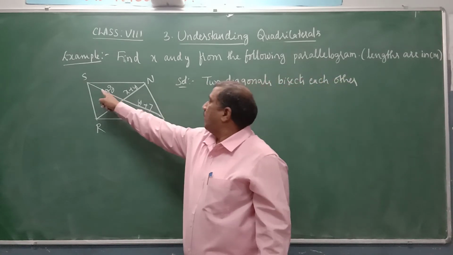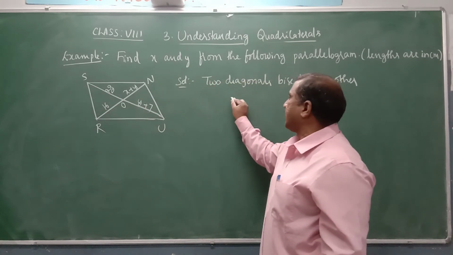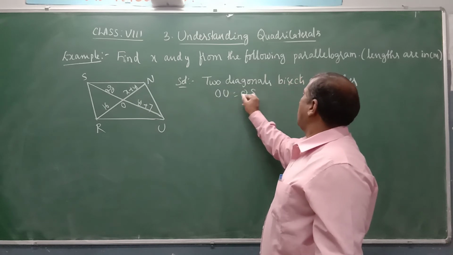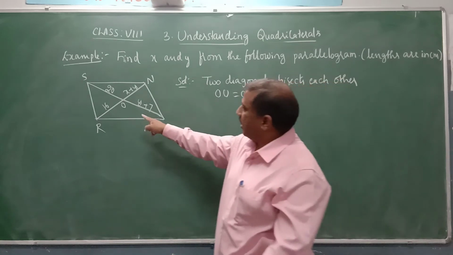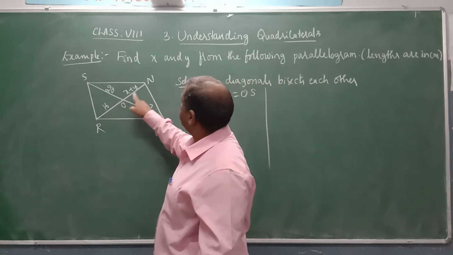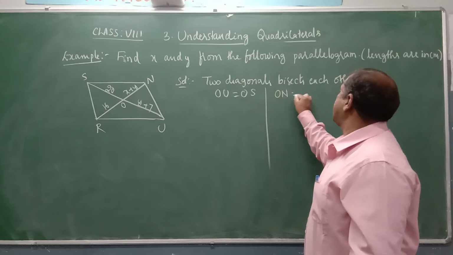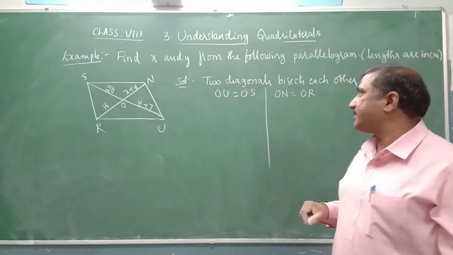The diagonal SU: OU is equal to OS, and for the other diagonal, ON is equal to OR. That is the two equal parts of each diagonal.